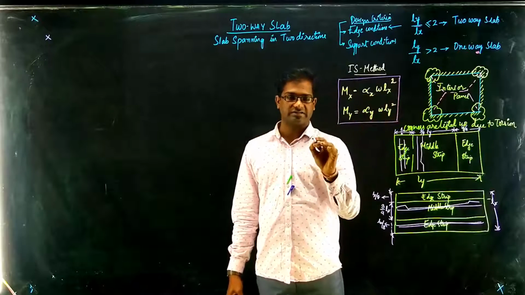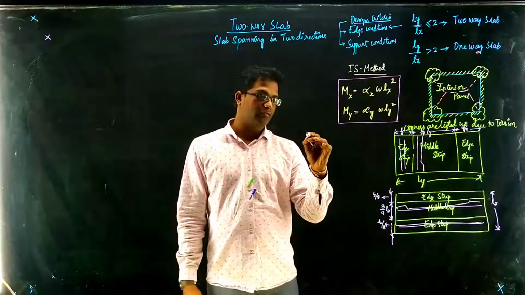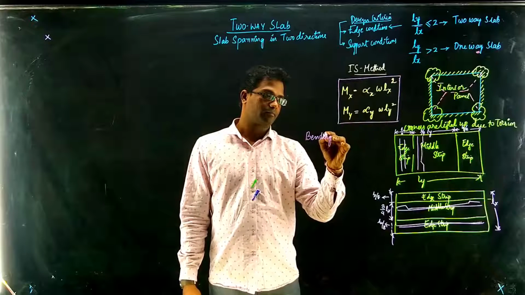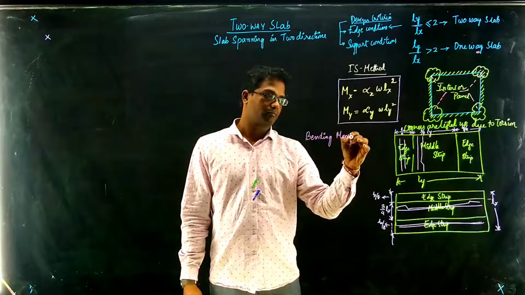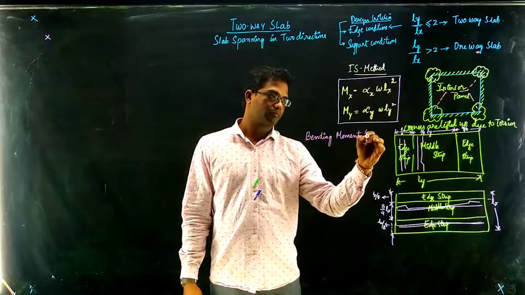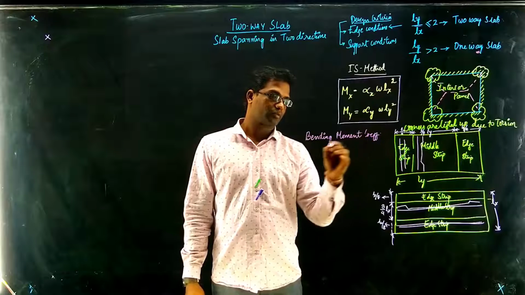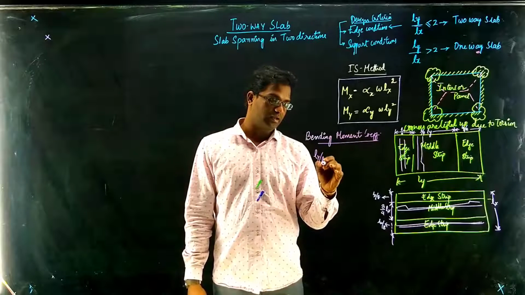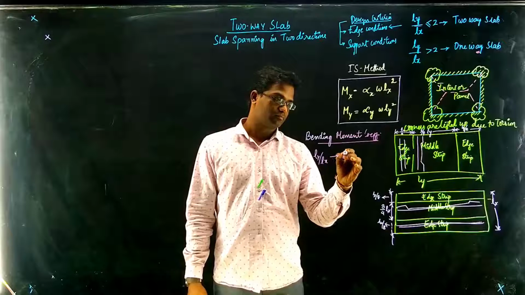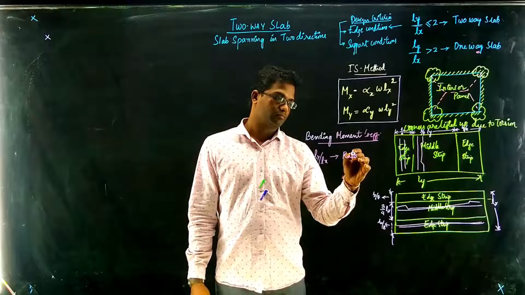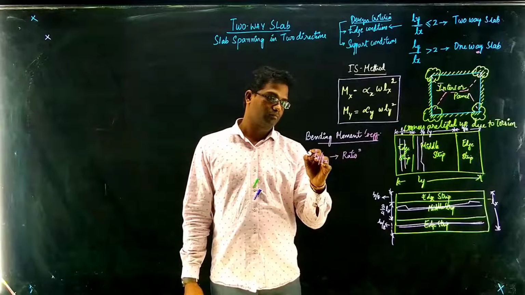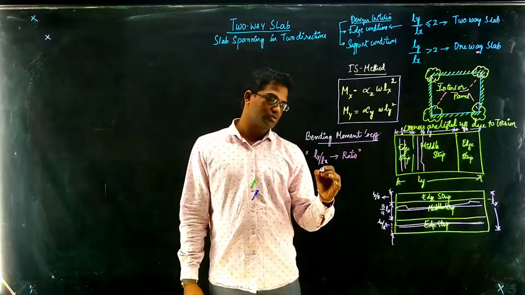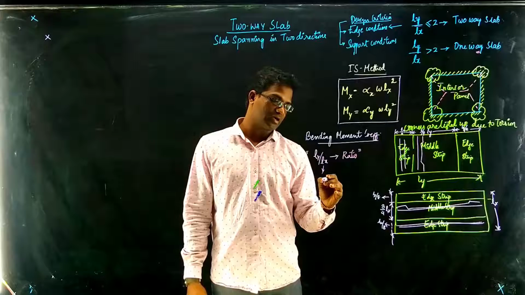And alpha x and alpha y are the bending moment coefficients, which depend upon the Ly by Lx ratio. It is also called in some textbooks as R.